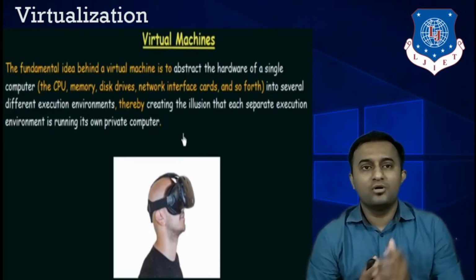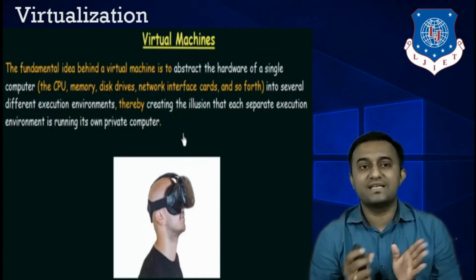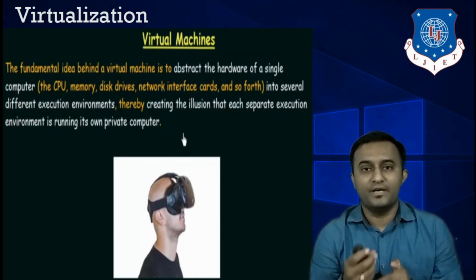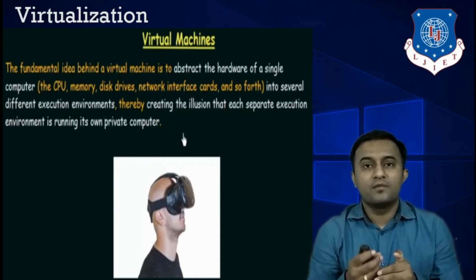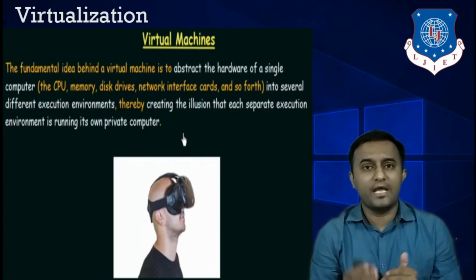Fine. So the fundamental idea behind a virtual machine is what? Is to abstract the hardware of a single computer into several different execution environments. Into several means what? By using a single machine, by using a single type of hardware, we are going to provide several different execution environments.